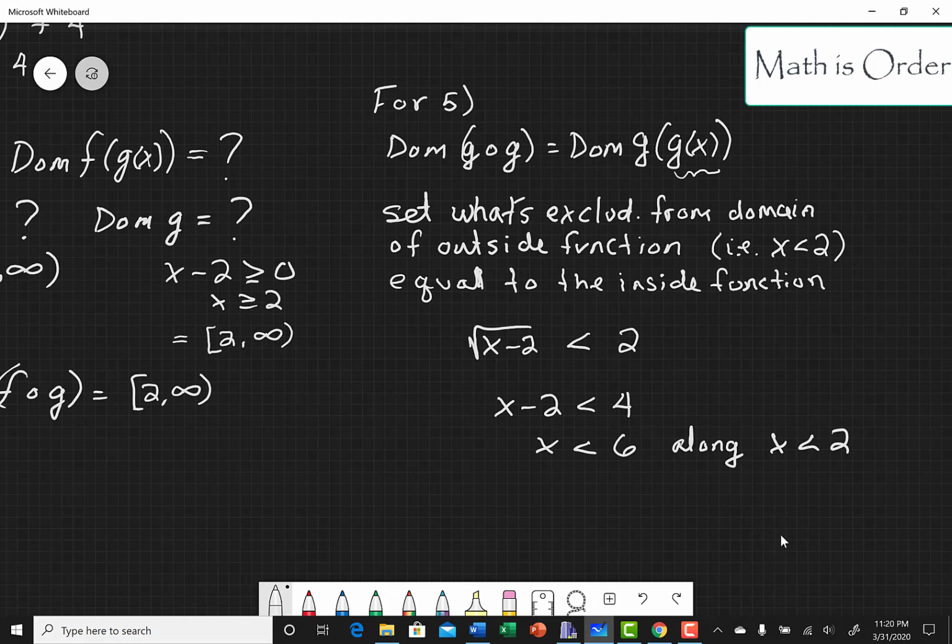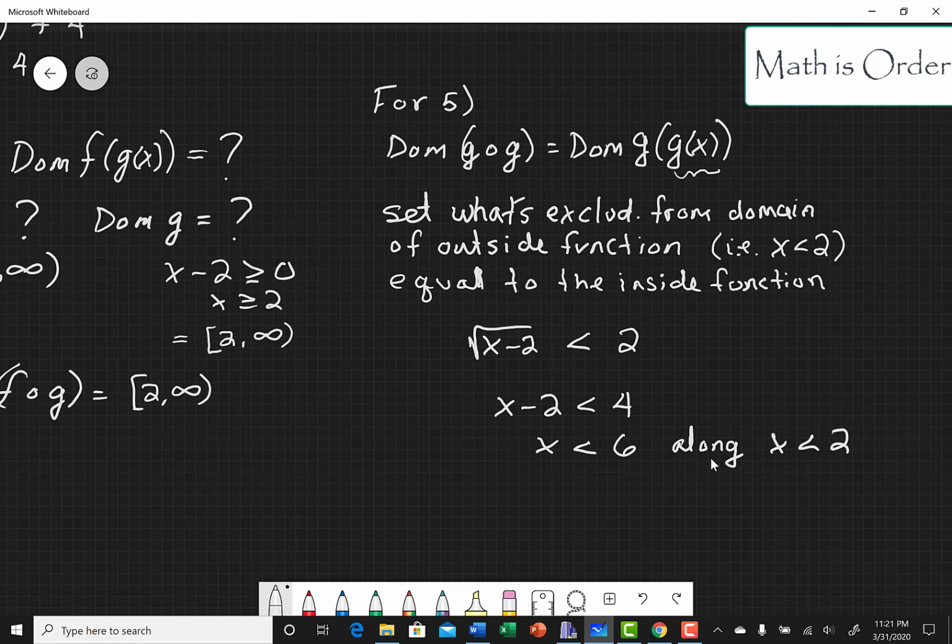Now, by saying that x has to be less than 6, we've already included the truth that x is going to be less than 2.